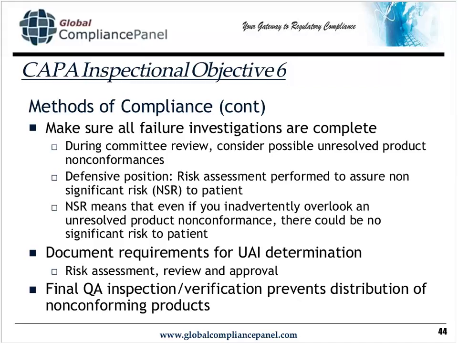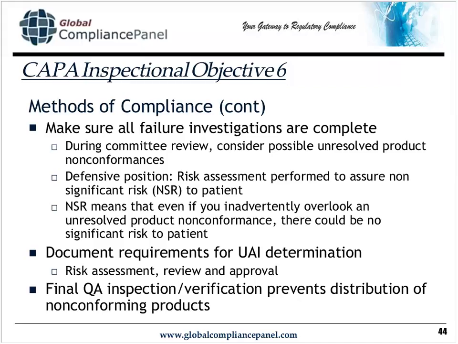In your procedure, you should also make sure that you document whatever requirements you have for a use-as-is determination. Some firms use risk assessments. Others use deviation forms. Make sure that either one of these is reviewed and approved. And you should have a final QA inspection or verification.